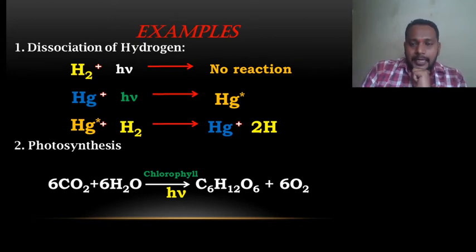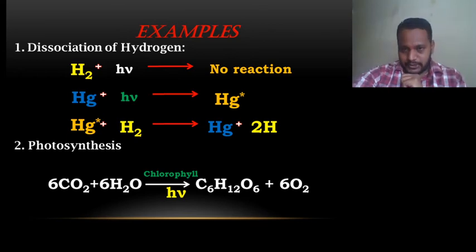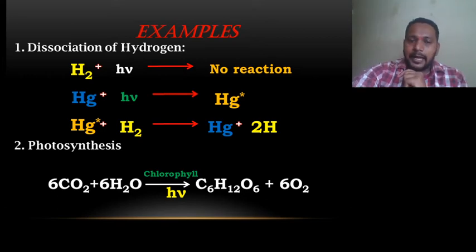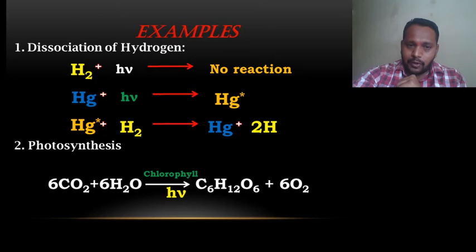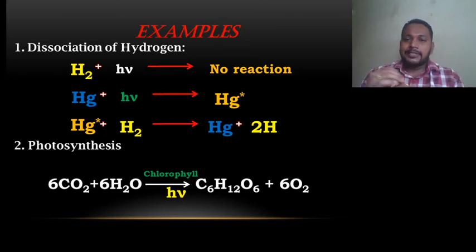In that case, if a small amount of mercury vapors or mercury atoms is present in our reaction system, what happens? The primary photochemical process is that the mercury vapor absorbs the photon, that UV light having wavelength 253 nanometer, and goes to the excited state, which leads to formation of Hg star.